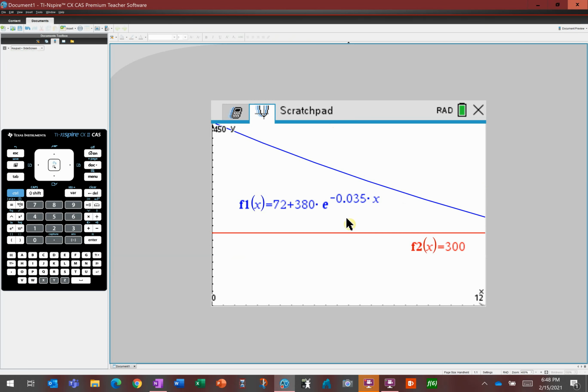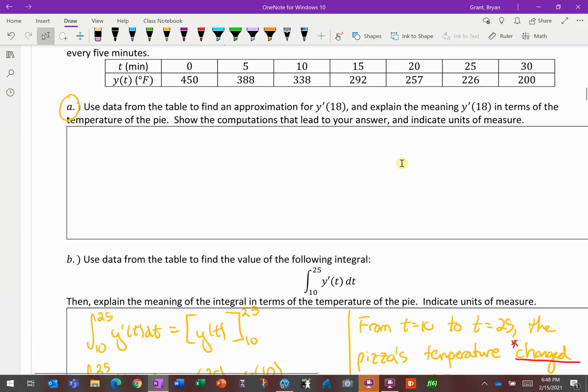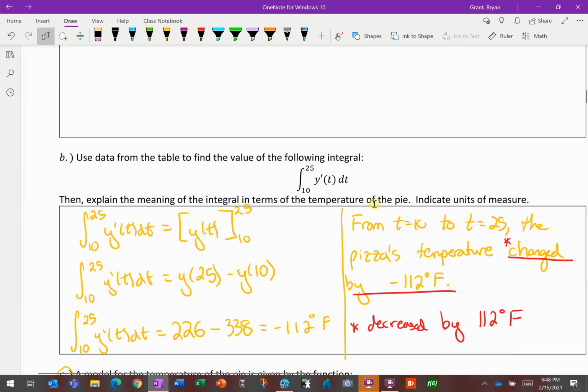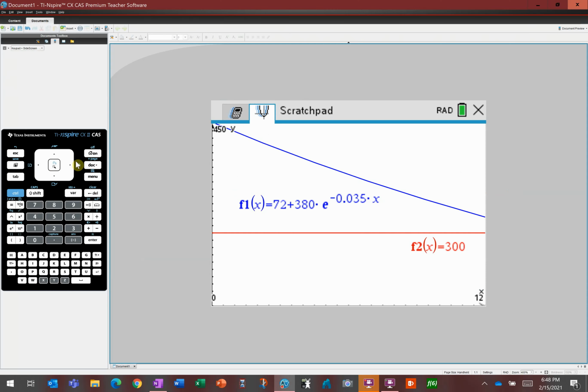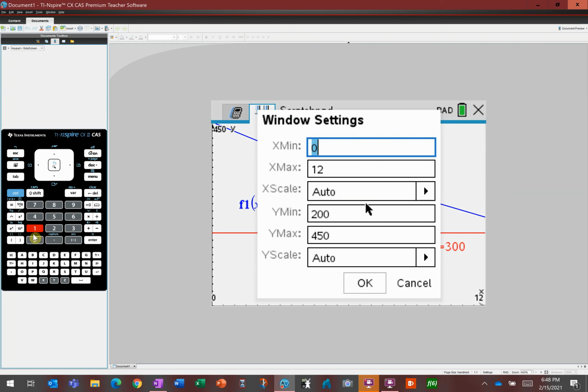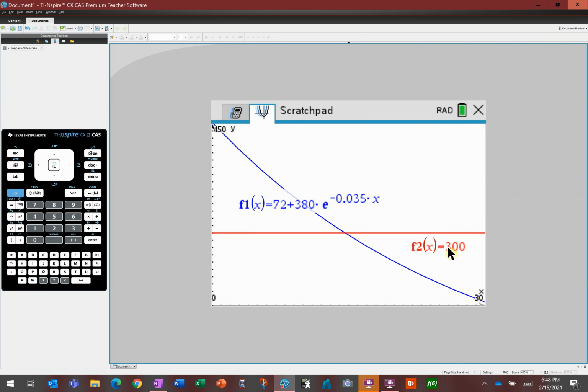I don't see anything on there. That's a bummer because that's 12 and, oh, it was supposed to go to 30. Well, that's awkward. Okay, let's change this. No harm done. You're probably looking at this like, why did he have us go to 12? Well, for some reason I had 12 stuck in my head because I'm a crazy person, and let's go to 30. There we go. Hey, look, now they intersect each other. I'm so proud of us.